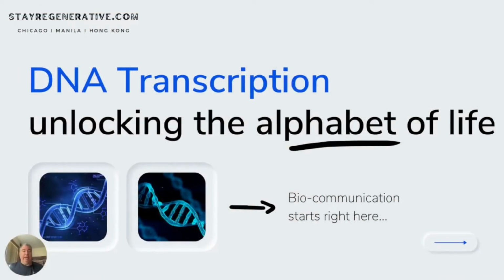All right, everybody. Talking about transcription today, super fired up. I consider DNA to be the alphabet of life. You've heard me say probably that proteins are the language of life. Well, proteins are ultimately derived from our genetic code, our DNA. And therefore, I call DNA the alphabet of life.